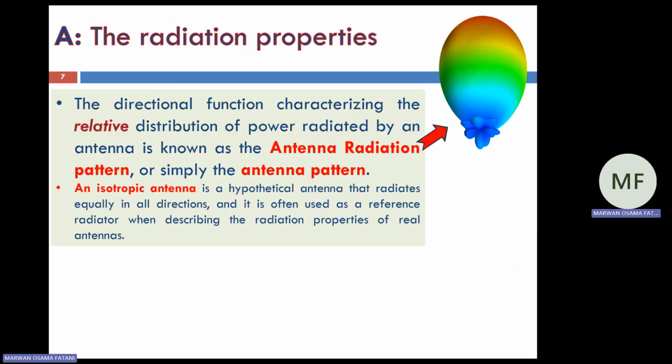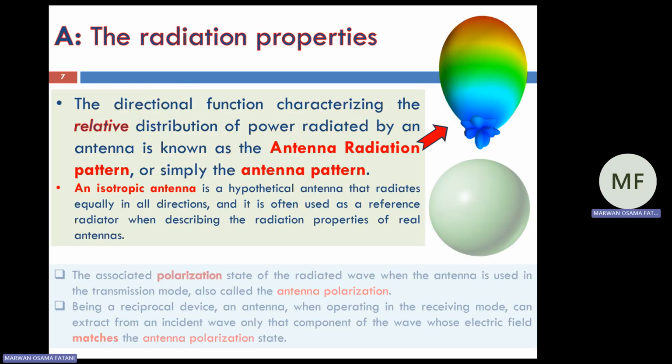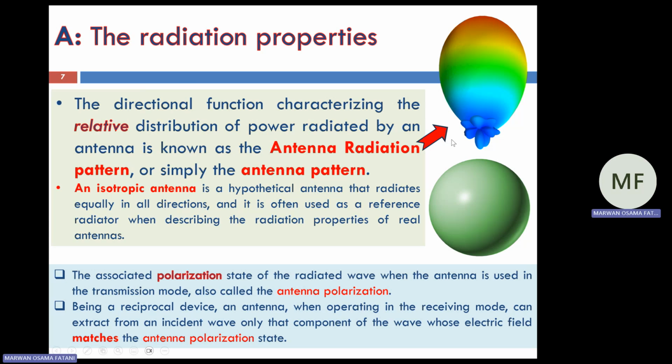Moving forward, we are going to talk about antenna radiation. There are a lot of types of antenna radiation, but I'll first talk about isotropic antenna radiation, which is a hypothetical antenna that radiates equally in all directions, which is this sphere right over here.